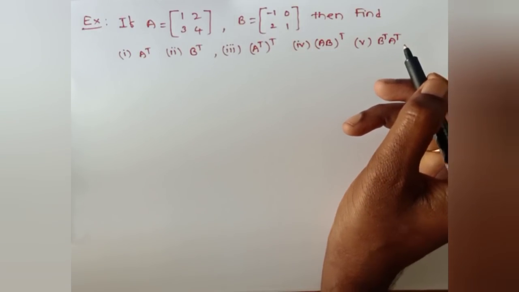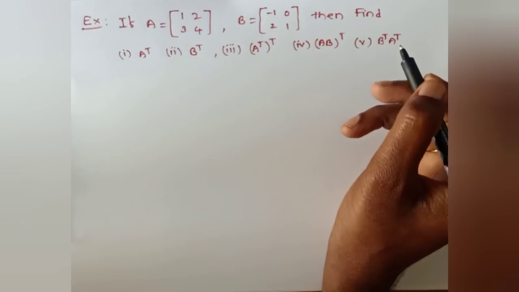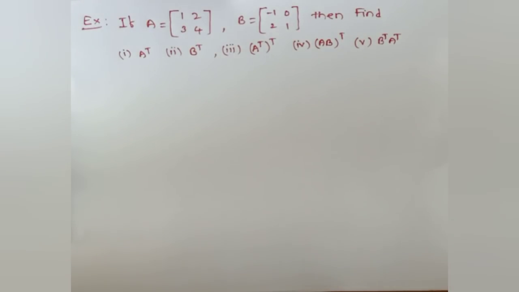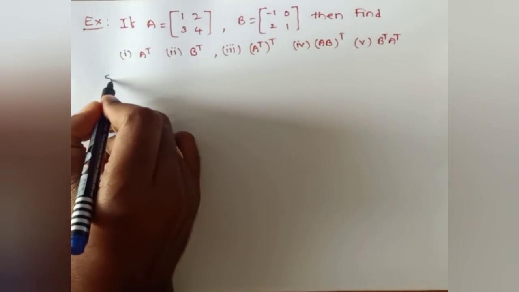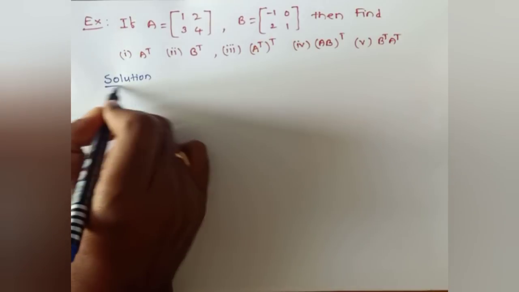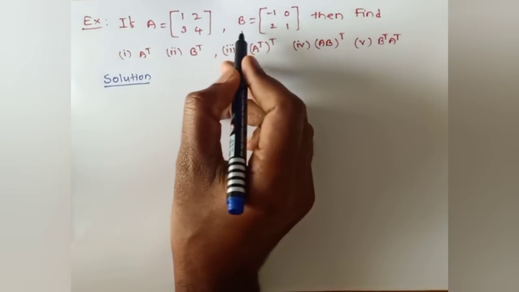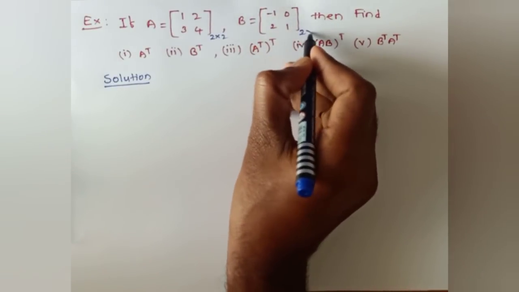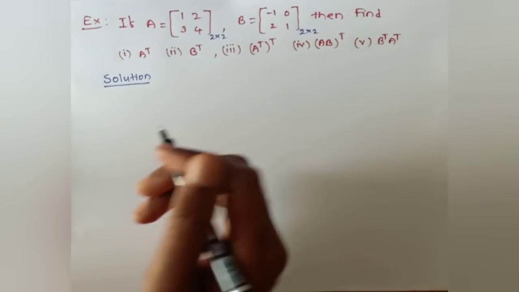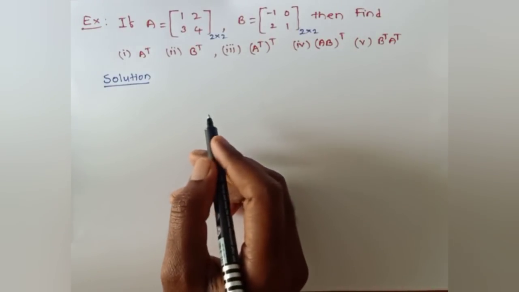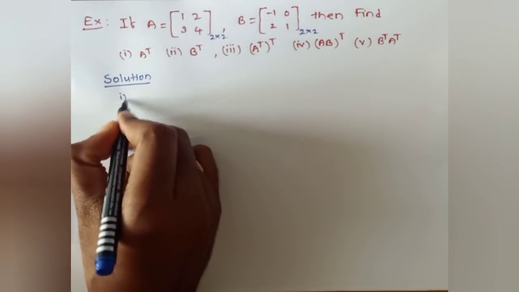Listen carefully, how to find the transpose of the given matrix. Solution. Here are two given matrices. A and B are both matrices of order 2 by 2, so the multiplication exists and addition also exists, but there are no addition problems here. Now, the first one is the transpose.